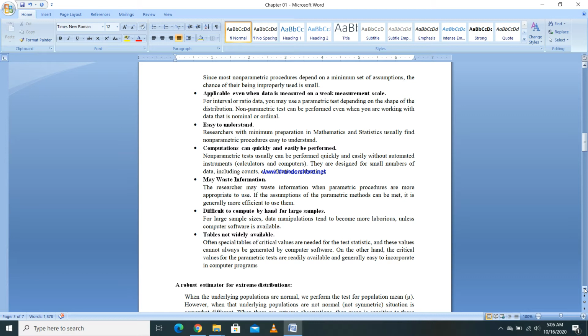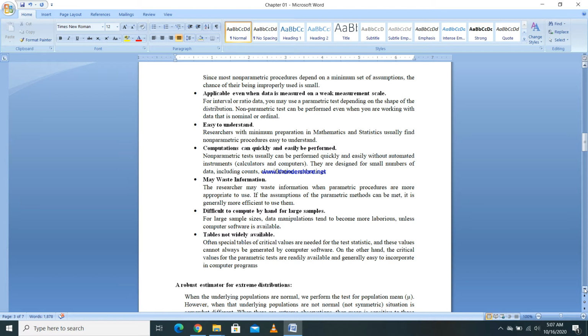And also sometimes it's difficult to calculate by hand when you have large samples. As I told you, in most cases we are doing all these calculations manually, so if you have large samples, it's a bit hard. Also, in non-parametric statistics, for each and every test, in most cases we have to refer to a table.